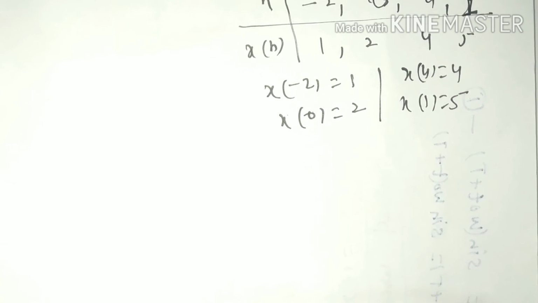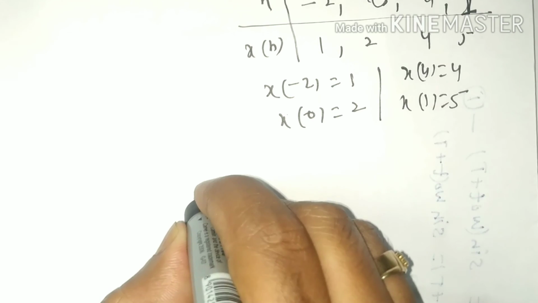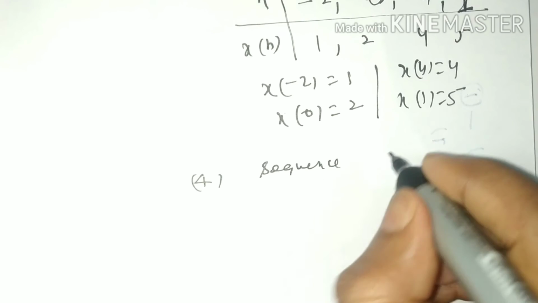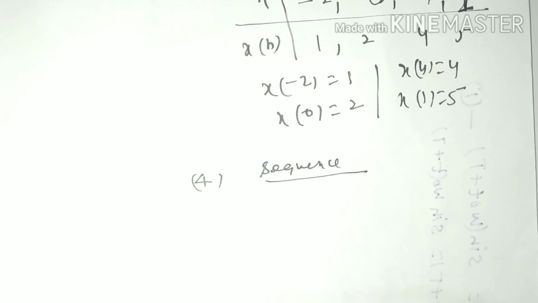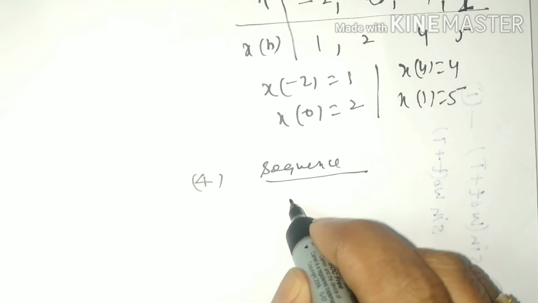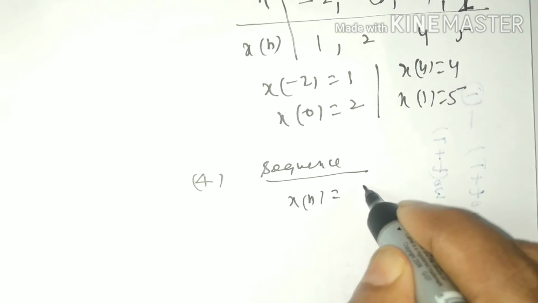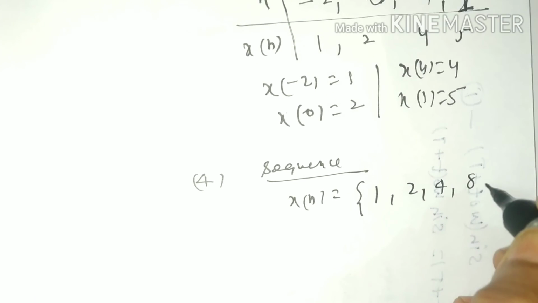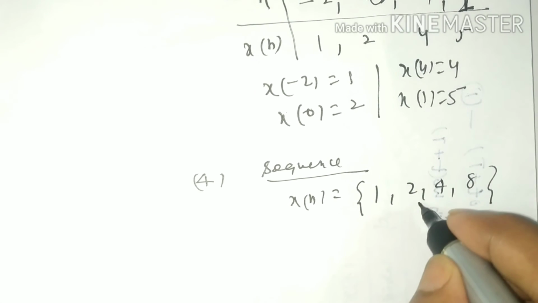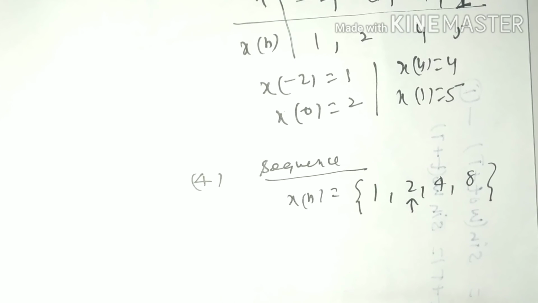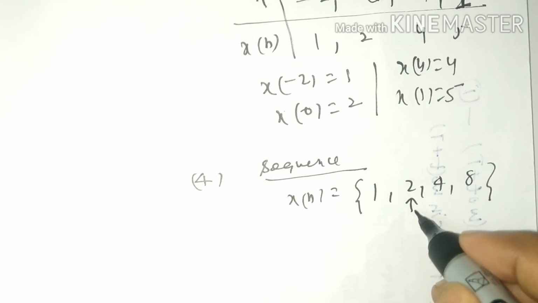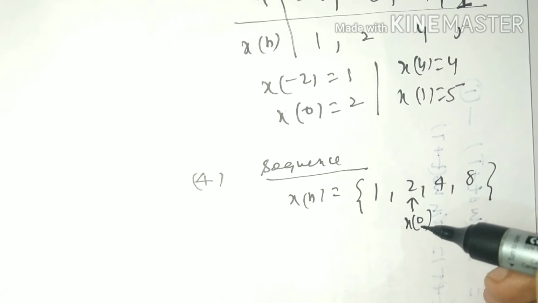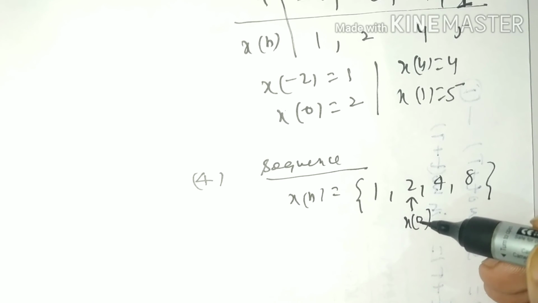Now the last one is sequence representation. How can we represent it in this form? Here we take x[n] in curly brackets with 1, 2, 4, 8 like that, and if we put an arrow, it shows that this is x[0], the value of the signal at n equal to 0.